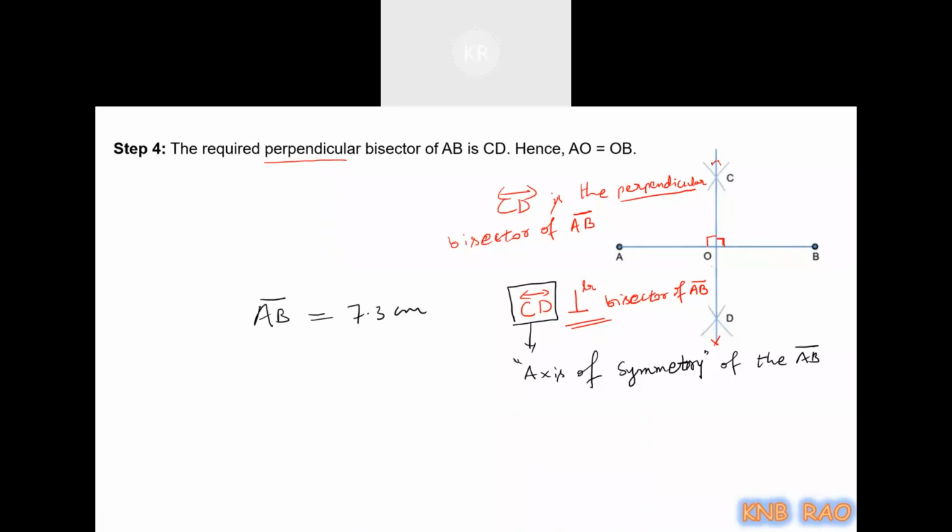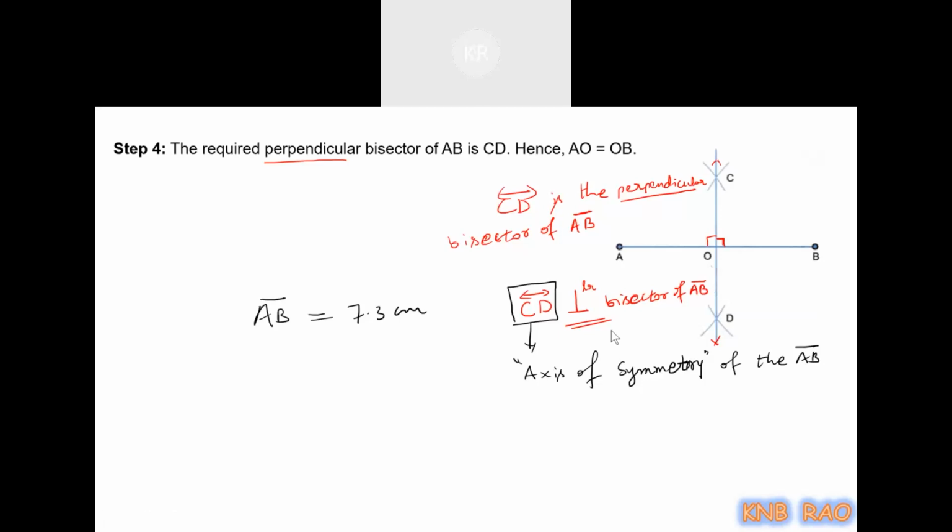Then bisect that line segment AB, which we call that CD as the axis of symmetry. That CD line is acting as an axis of symmetry. Is there any requirement for the length of CD? It can be of any length. It is unlimited. It can be any length because it's a line. A line doesn't have a fixed length at all.